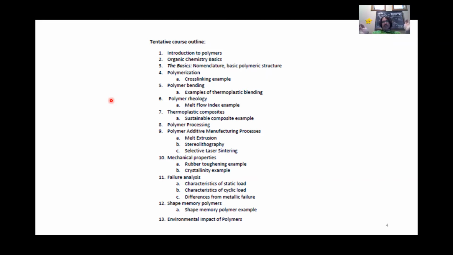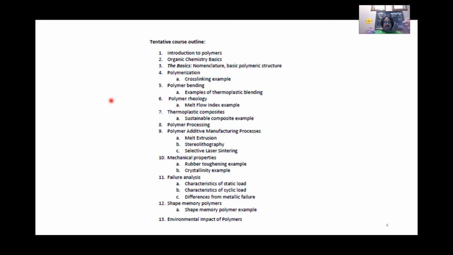I don't think we get that much polymer structure and polymer content in our curriculum because we're a metallurgy-based curriculum for the most part. Then we'll talk about polymerization, polymer blending, polymer rheology, thermoplastic composites, a subject that I like quite a bit, polymer processing, and polymer additive manufacturing processes, which I've decided to break out from polymer processing. Then mechanical properties, which maybe I want to have a little earlier. We'll see. It's a tentative course outline.